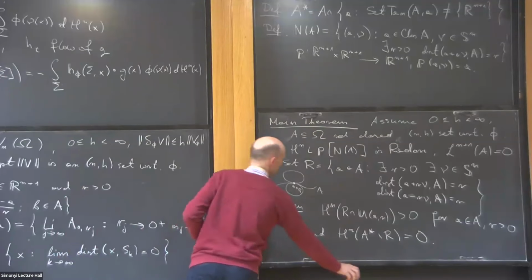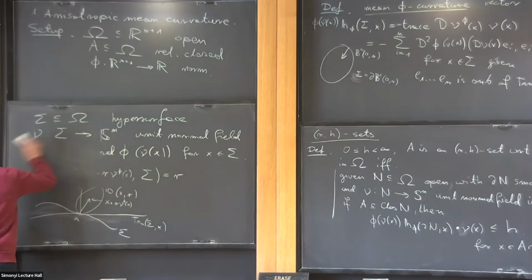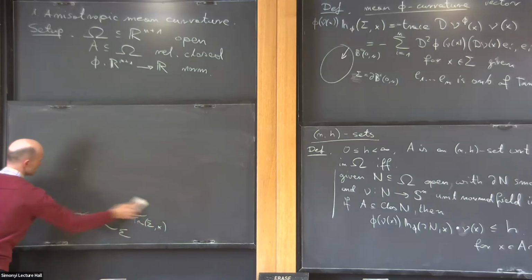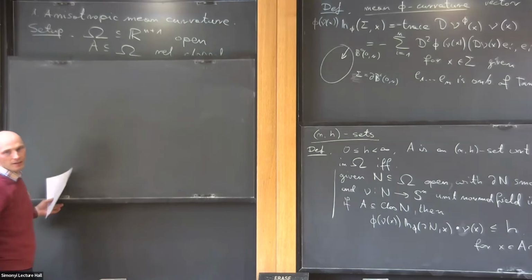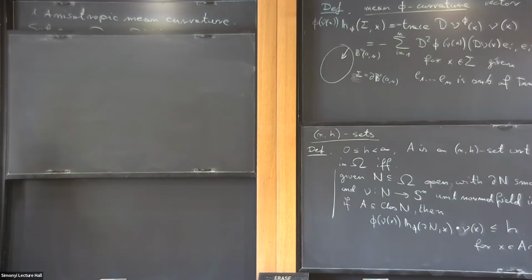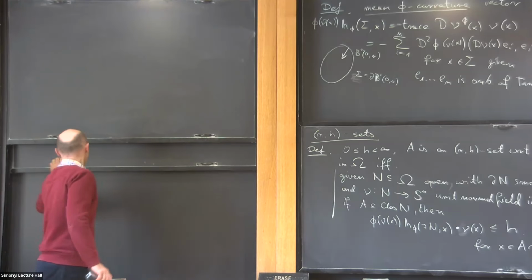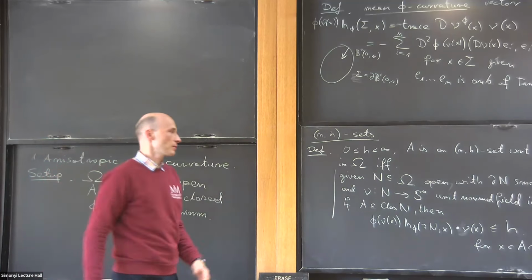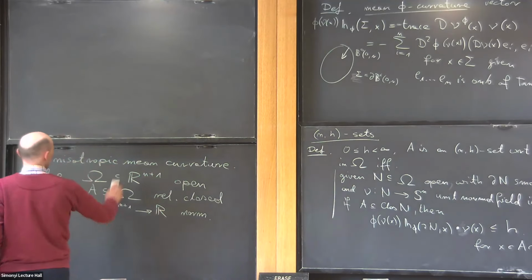So in particular, if A star equals A, which I think happens quite often, then for almost all points in A, you get these two balls touching your set.